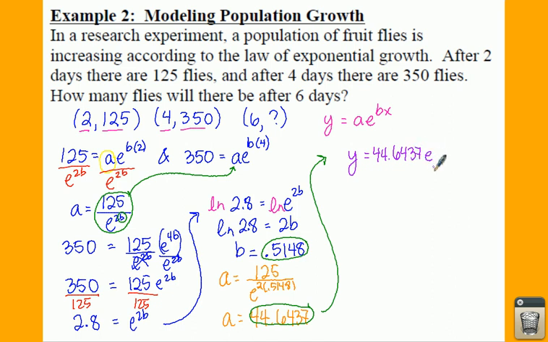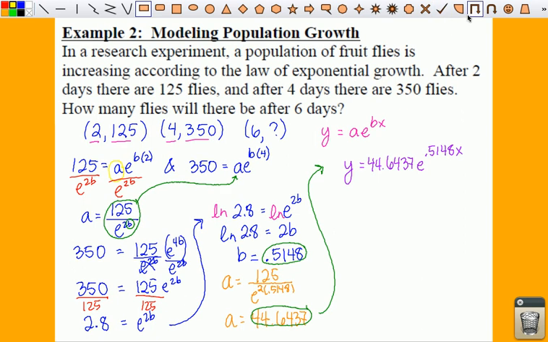Promise this will be the longest example you get here. This is your equation that you want to use when you are trying to estimate in the future. Okay? It's kind of important.